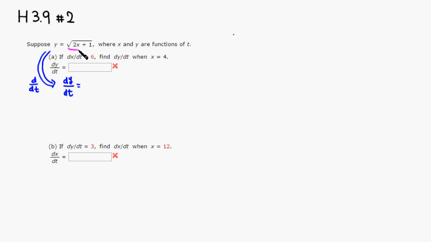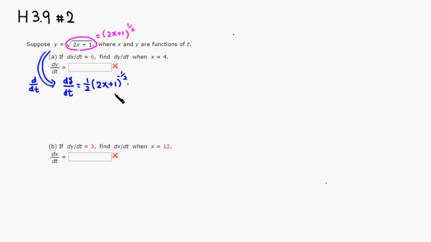We can rewrite the square root of 2x plus 1 as the quantity 2x plus 1 to the 1/2 power. If you take the derivative of that, 1/2 is going to be in front, keep the inside function as it is, 2x plus 1, and reduce the power by 1, so it's going to be negative 1/2.